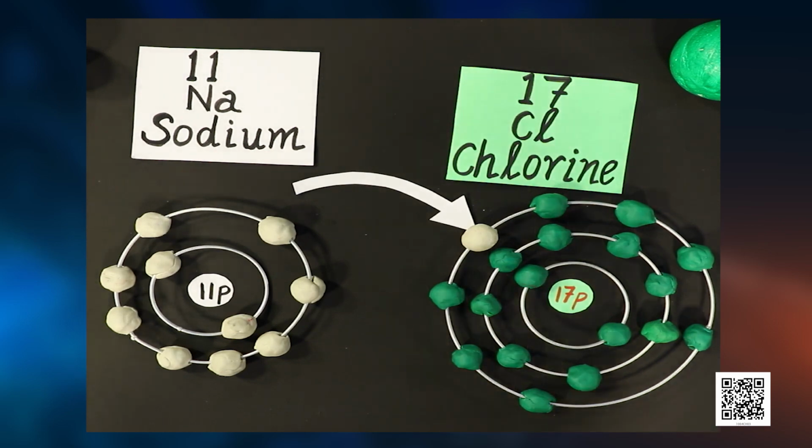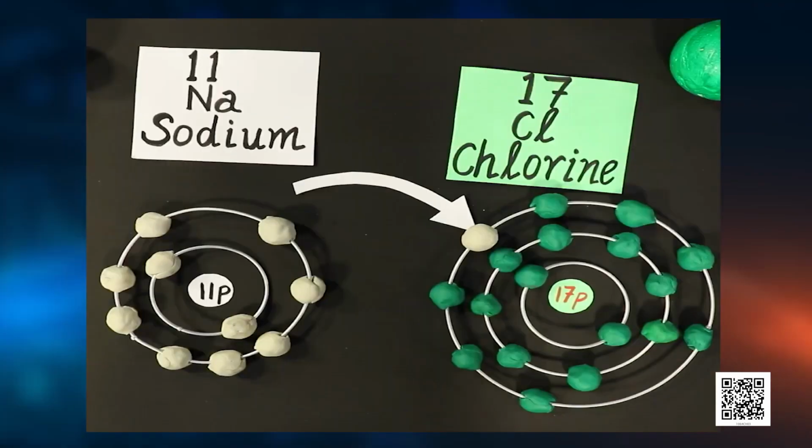Yes, its L shell now becomes the outermost shell, and now it has a stable octet. The nucleus of this atom still has 11 protons, but the number of electrons has become 10. So, this is no more an atom. It has become an ion, and this ion has 11 protons and 10 electrons.